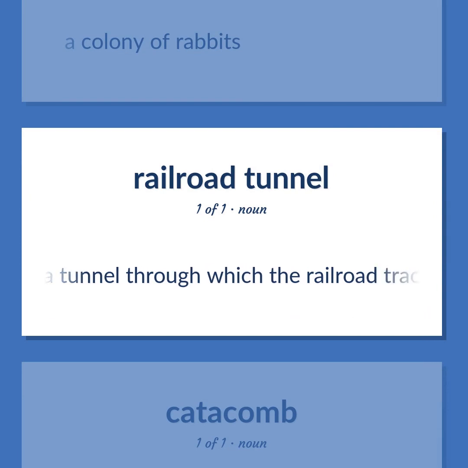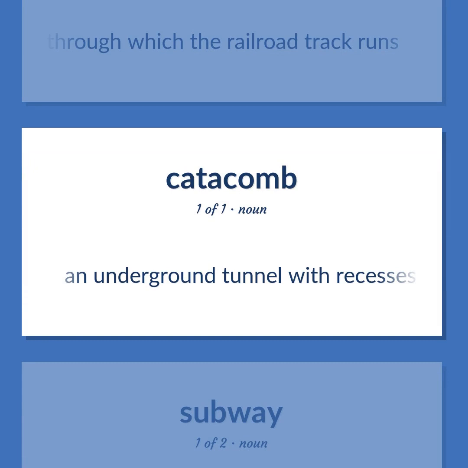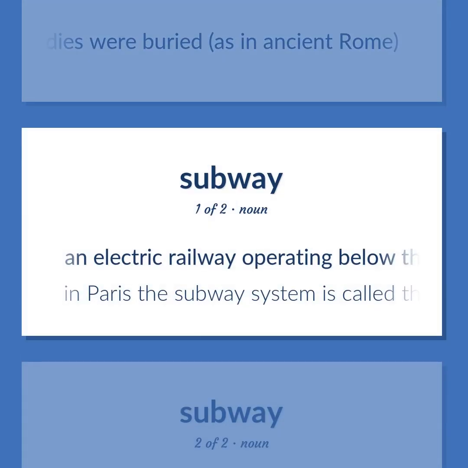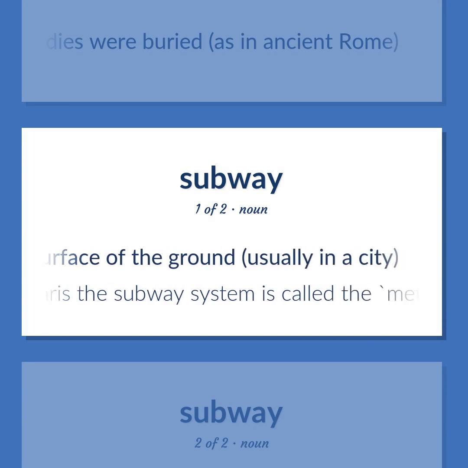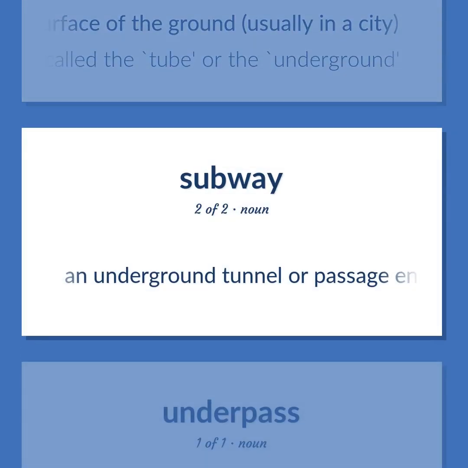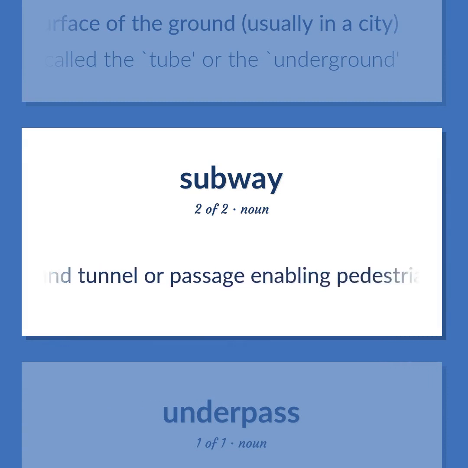A tunnel through which the railroad track runs. An underground tunnel with recesses where bodies were buried, as in ancient Rome. An electric railway operating below the surface of the ground, usually in a city. In Paris the subway system is called the metro, and in London it is called the tube, or the underground. An underground tunnel or passage enabling pedestrians to cross a road or railway.